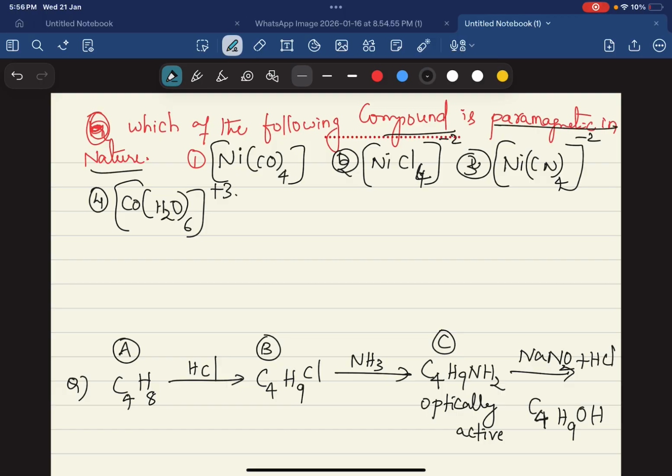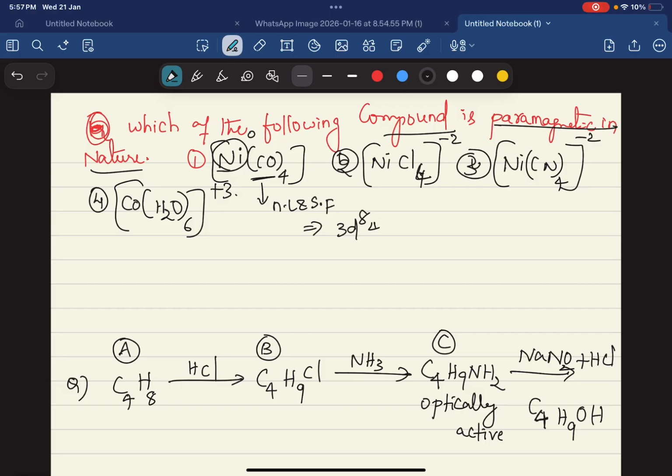So paramagnetic or diamagnetic, how do we identify? After splitting we have to cross check how many electrons are present in its orbitals. So here CO is a strong field neutral ligand, so Ni is having zero oxidation state.